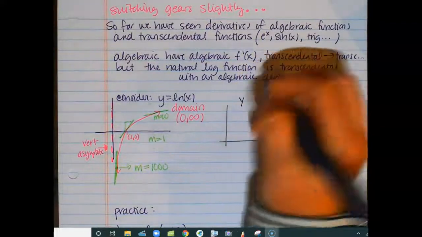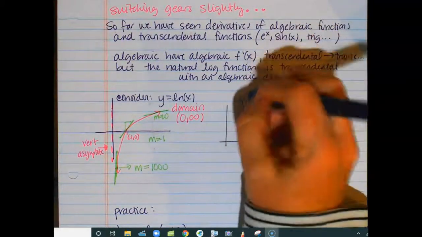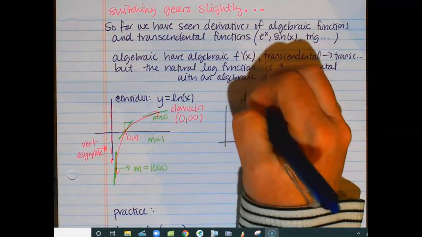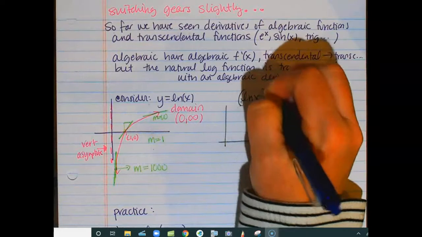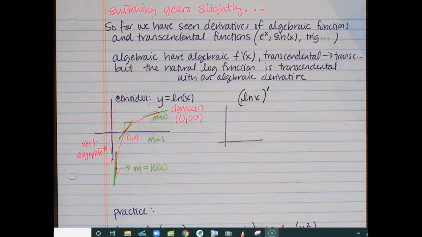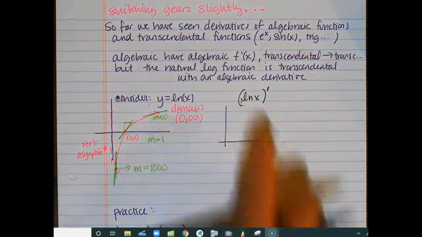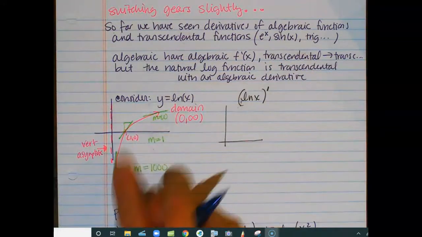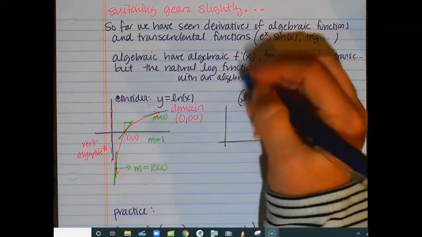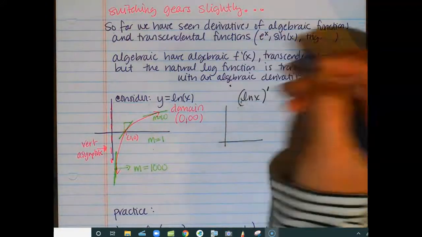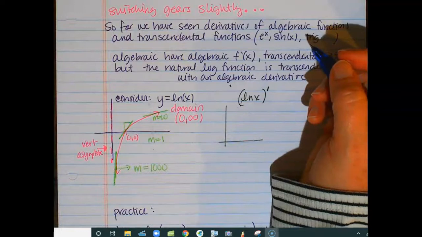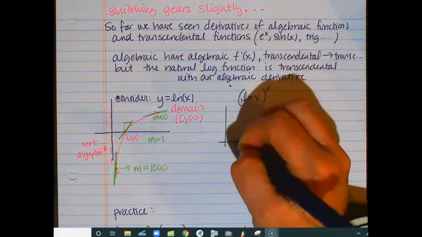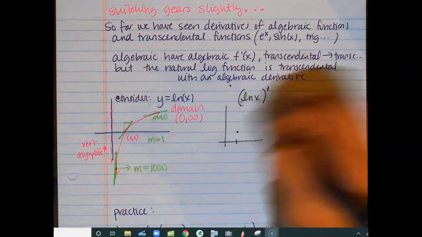If we use these numbers and try to graph the derivative, I'm just going to call it natural log prime. So natural log of x prime, that notation that I used before. If I try to graph the derivative at this very close, so before 1, this very, very small x value, I'm at 1,000. Okay, so I'm really high. This is not to scale at all. And at 1, I have slope 1.